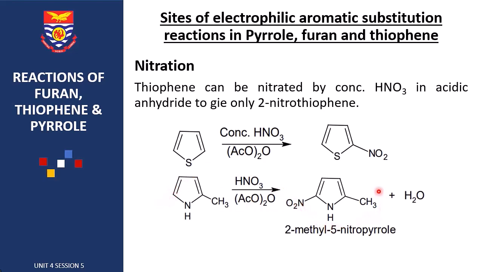So in this typical example, we have nitro being attached to the fifth carbon on the heterocyclic ring. So we have 2-methyl, 5-nitro, pyrrole. This is a typical reaction mechanism where the position number 2 is already occupied and then the incoming substituent is forced to attack the fifth carbon.